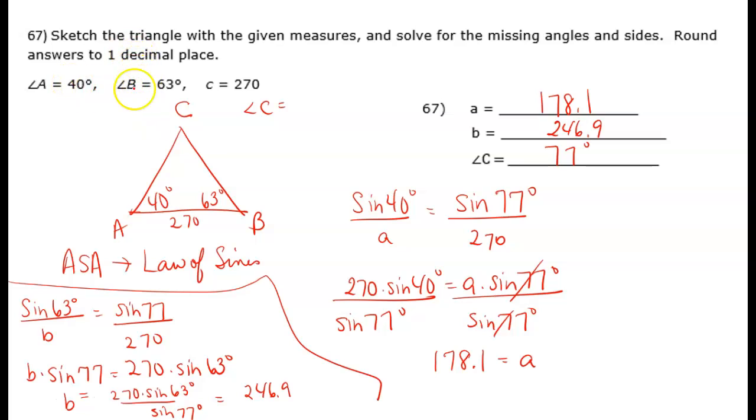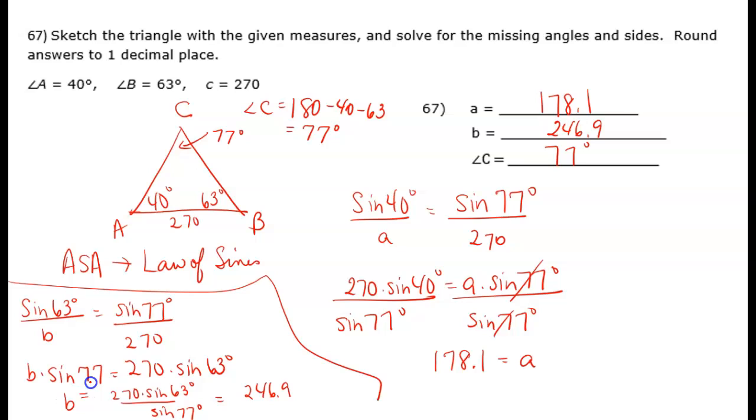So when you have two angles given, you can easily find the third angle by just doing 180 minus 40 minus 63, and that's going to give me the 77 degrees here. Okay, so that's where I'm getting the sine of 77 degrees over 270 equals the sine of 63 over B. Here you'll cross multiply.